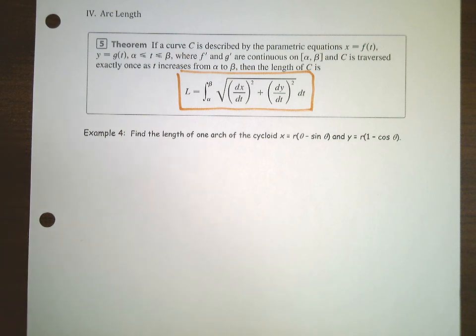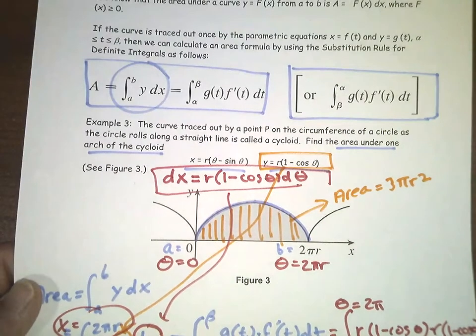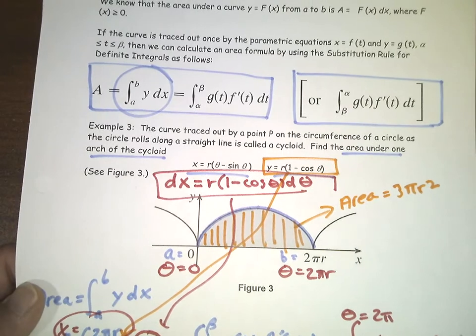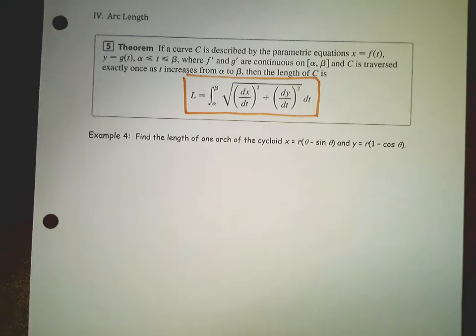Oh boy. This is actually the same cycloid that we just saw over here. I really hope that you enjoyed that cycloid, because we're about to use the same one again.